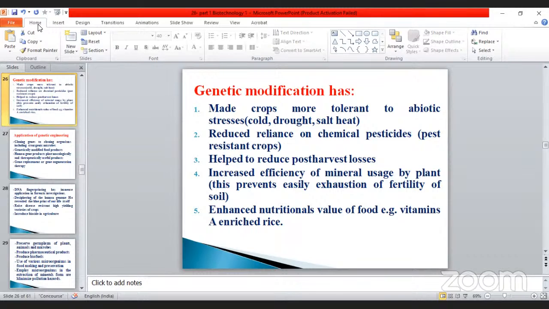Second one is reduced reliance on chemical pesticides. Okay. We have to reduce the pesticide, and also produce pesticide-resistant crops. Some of the pesticides completely destroy the yield. In such cases, in previous times, there was no idea for these pesticides.